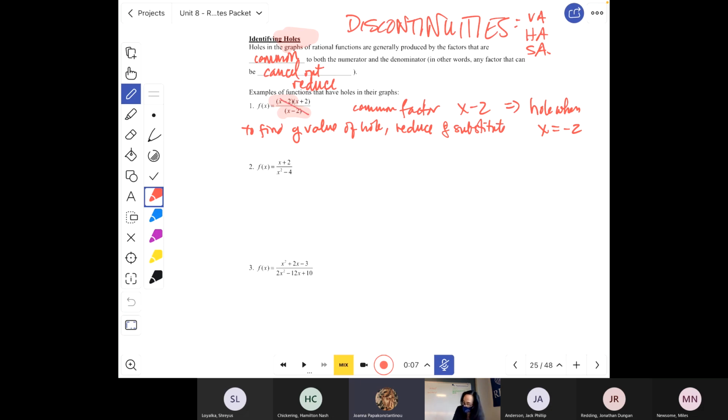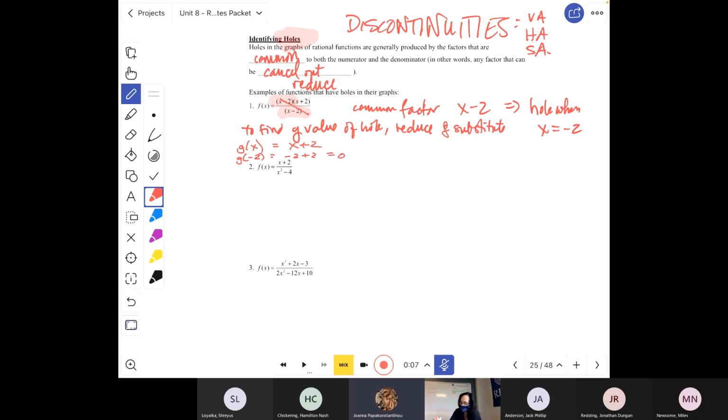Okay, so I'm going to reduce this, and I'm going to get y equals x plus 2. So I've reduced it. That is what's left. Now I'm going to substitute in, and let me write this in function notation because we should. I'm going to call this g of x because it's a new function. I'm going to evaluate g at 2.